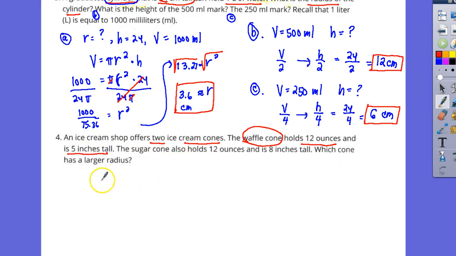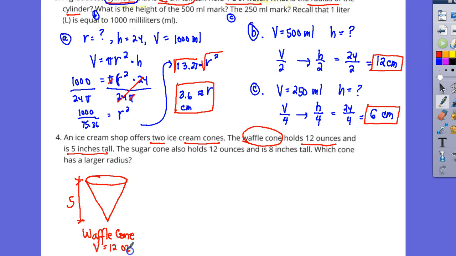So let me sketch that. So this is the waffle cone. This is 5 inches tall. And the volume of this is 12 ounces.